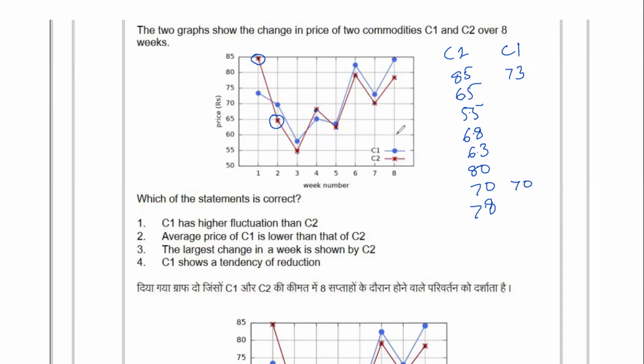58, 65, 64, and then 83, I would say, and then 73, and then the last one is 85.